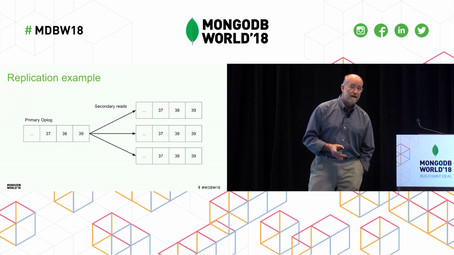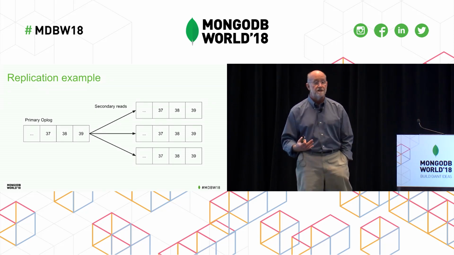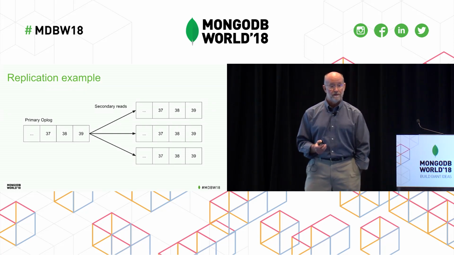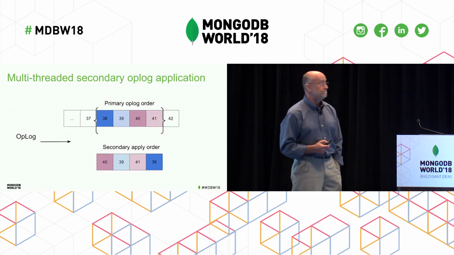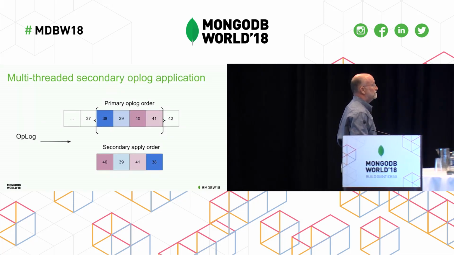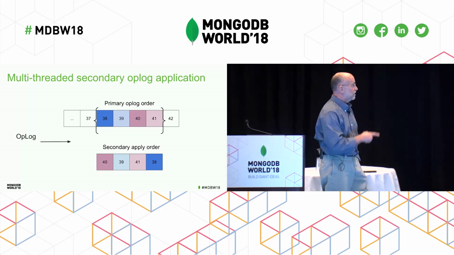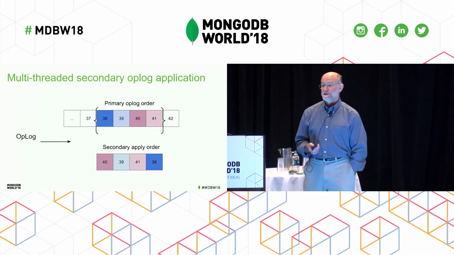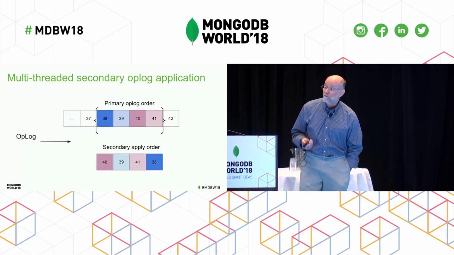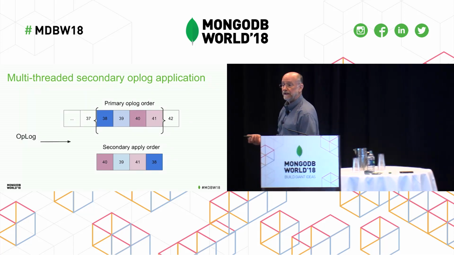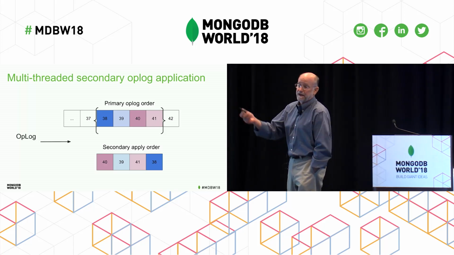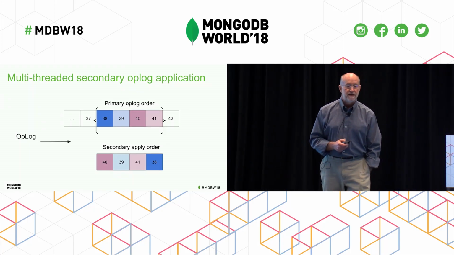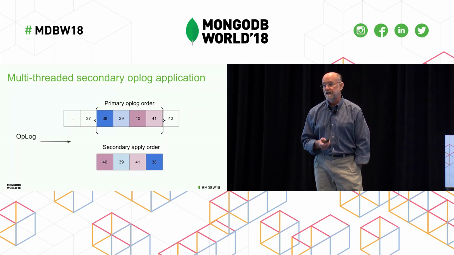And now we've got a problem because the storage engine is seeing those updates come in and the storage engine is reordering them, right? So the primary op log order, which looks perfectly normal, when the secondary gets done applying those changes, the order is changed. And for that reason, if I now make a query into the storage engine and say, give me the answer for this, I get the wrong answer because it doesn't know the order these changes were applied in.